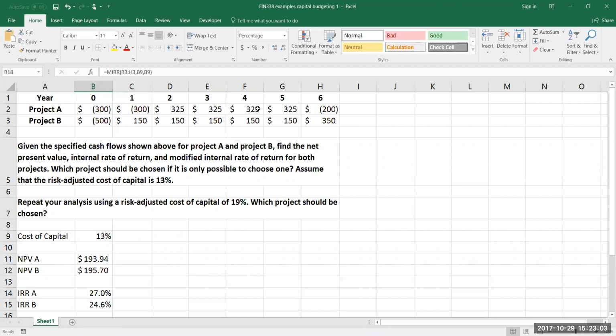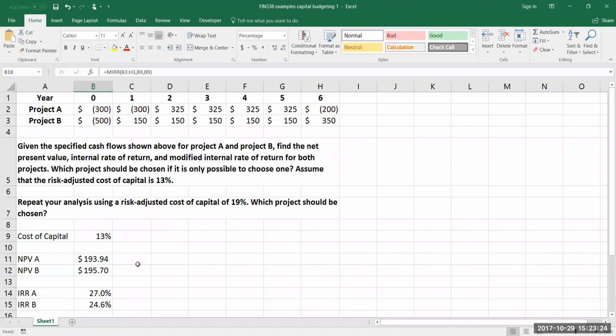And as that could be quite a bit of a restrictive assumption, it is generally better to assume we are reinvesting in a more normal project, hence the risk-adjusted cost of capital, and therefore the assumptions underlying the net present value are typically considered to be better than the assumptions underlying the internal rate of return. So if I'm faced with a conflict, I'll side with net present value.